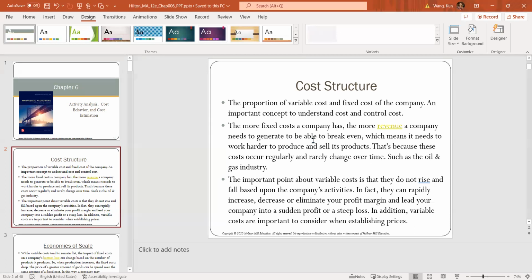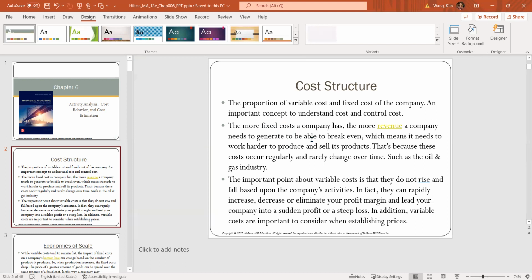It's like leverage, right? You put a small force on one side, but the other side will be moved a lot. That normally happens when a company has lots of fixed cost. We'll talk about this cost structure and operating leverage more in chapter 7, but this is just to give you some idea.